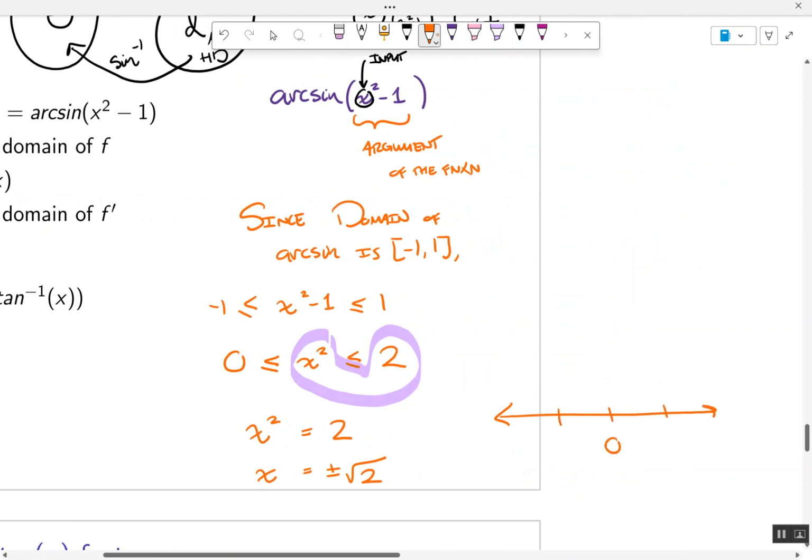So here's 0, here's square root of 2, here's negative square root of 2. And we know that both of these numbers will work. And you can think about it as breaking this into 3 regions. We have the left, the middle, and the right. You can check numbers in the middle to see if they will work.